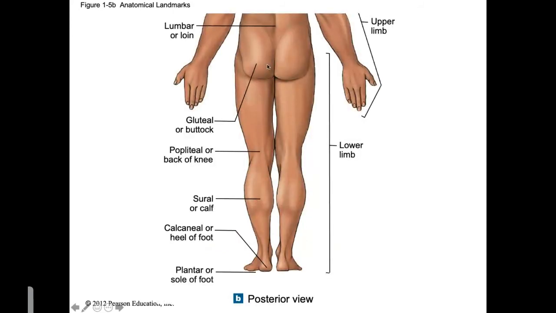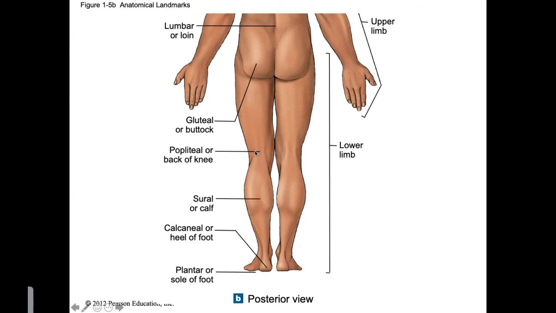When we look at the rump, this is the gluteal region. When we cover the muscles of the tush, there's the gluteus maximus, the gluteus medius, and the gluteus minimus. So gluteal is this part here. Behind the knee, there's a depression back here called the popliteal region. That's the popliteal.